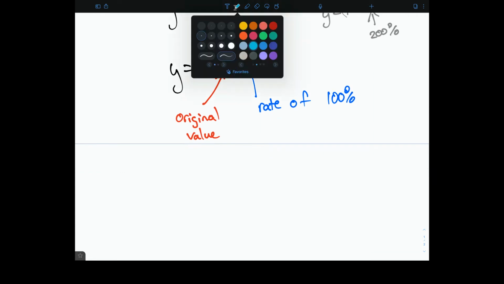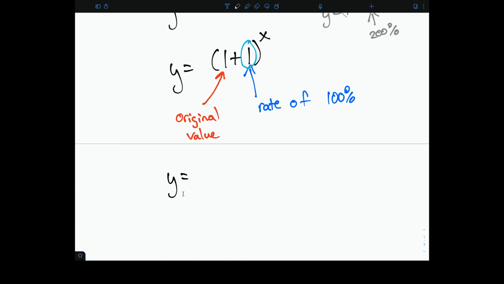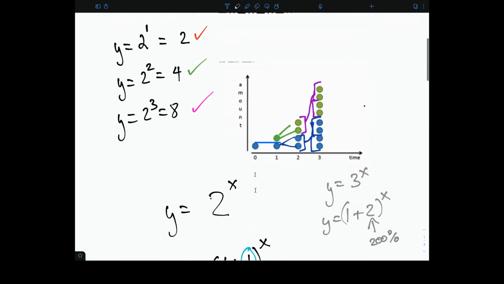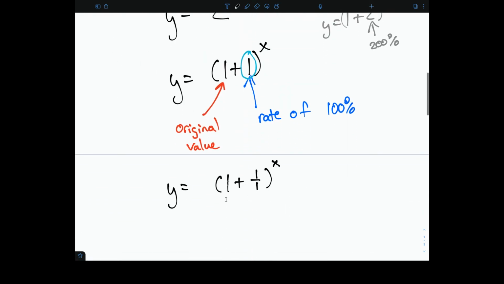Well, what this one is saying is (1 plus 1 over 1) raised to the x, right? And so why am I writing it like this? Because what we're doing here is increasing this over each interval. So we're talking about an entire value of a rate.